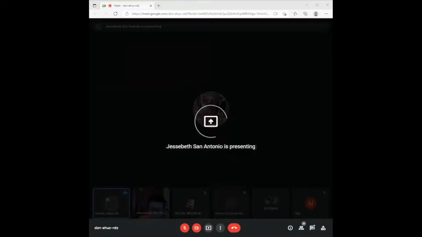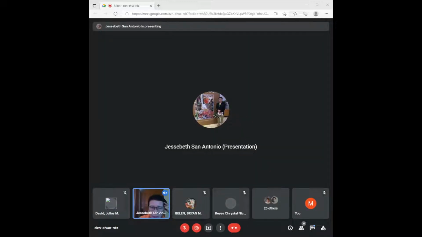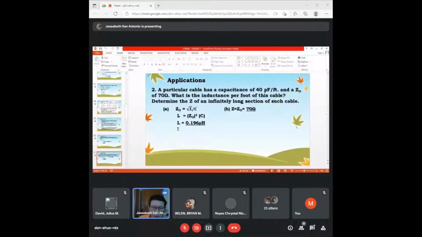Ay, scored pala. Ay, nako. Oo nga. 0.196 microhenry. Square mo to times the C is 0.196 microhenry. Take note, picofarad yan, times 10 to the negative 12. Can everybody see? Yes po.